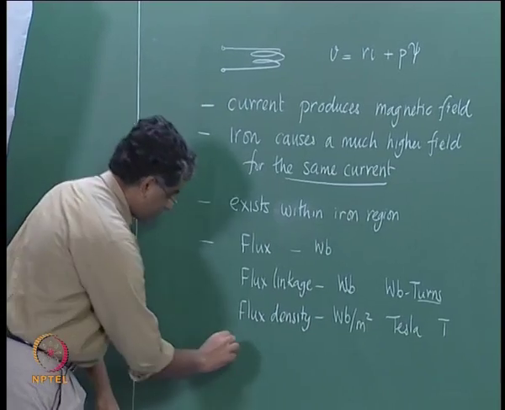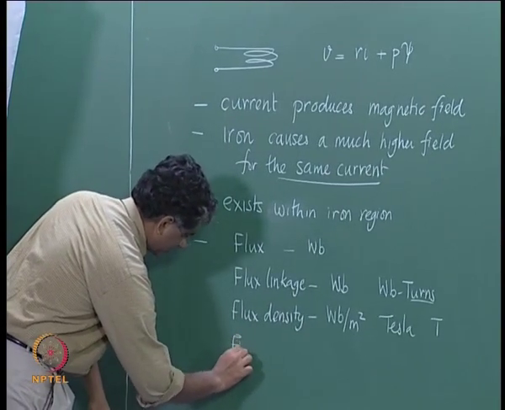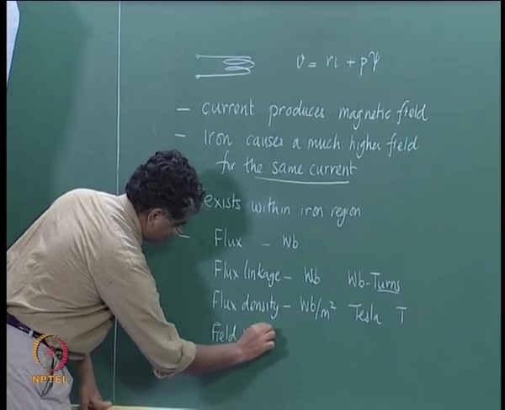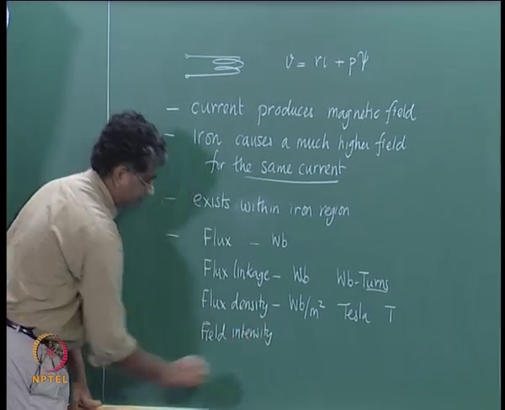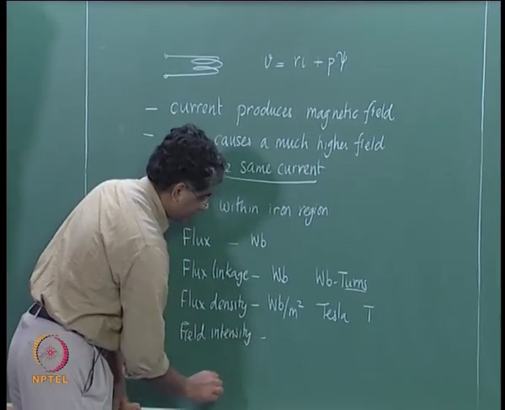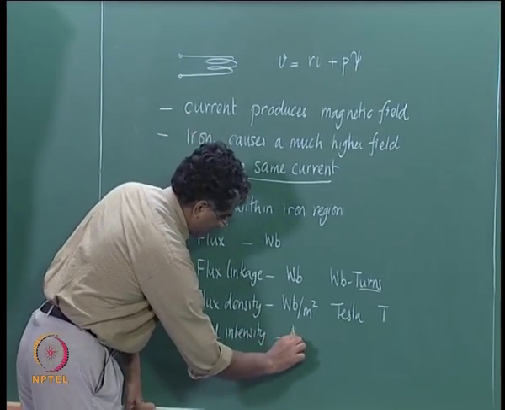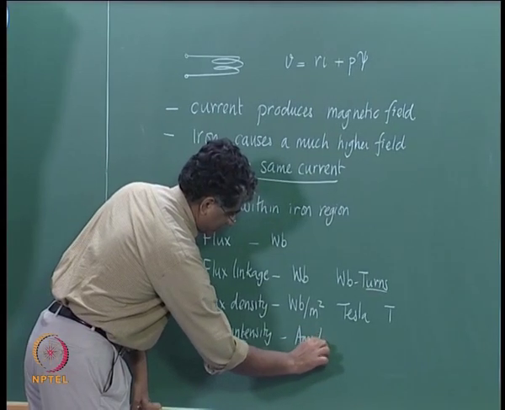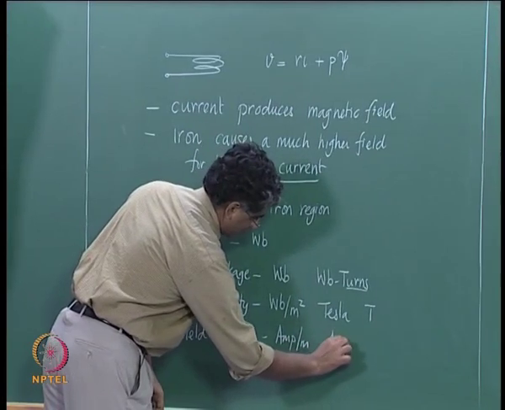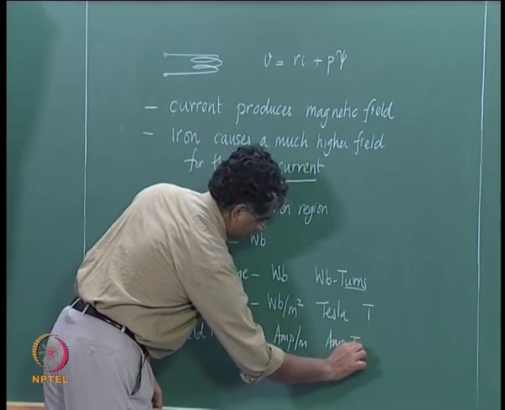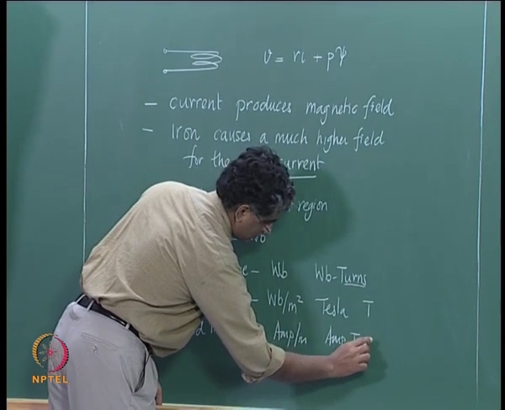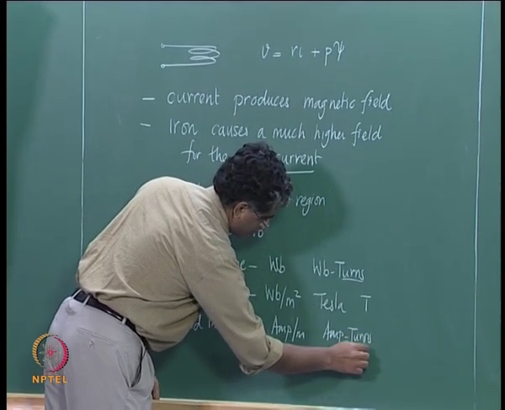And then you also have magnetic field intensity, which is measured in ampere per meter, or more explicitly ampere turns per meter.